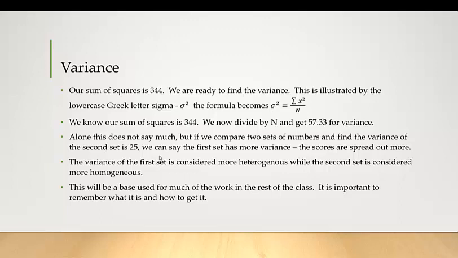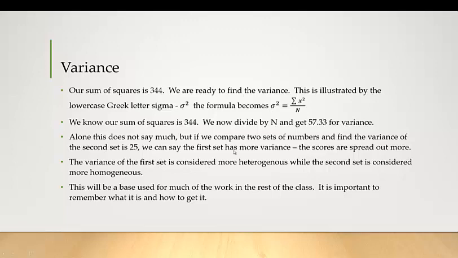If we were to do the sum of squares for our cheerleaders, we would find out that our variance is 0. So now we can really see that our mean was 27 for both sets, but our variance for the class officers was 57.33, and our variance for the cheerleaders was 0. So this by itself tells us that the class officers' scores were spread out.